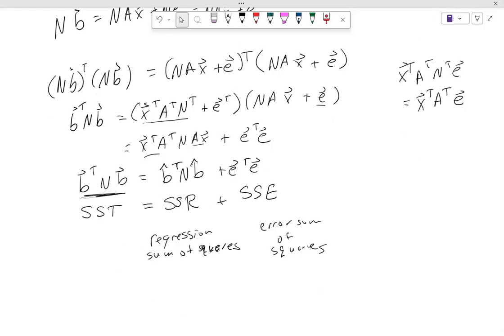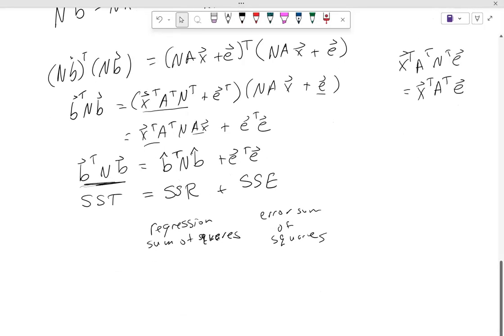All right? So a measure for how good this is what's referred to as the R squared value for your model, and that is SSR over SST. That's a measure of how good your model is. And so it's just this formula.